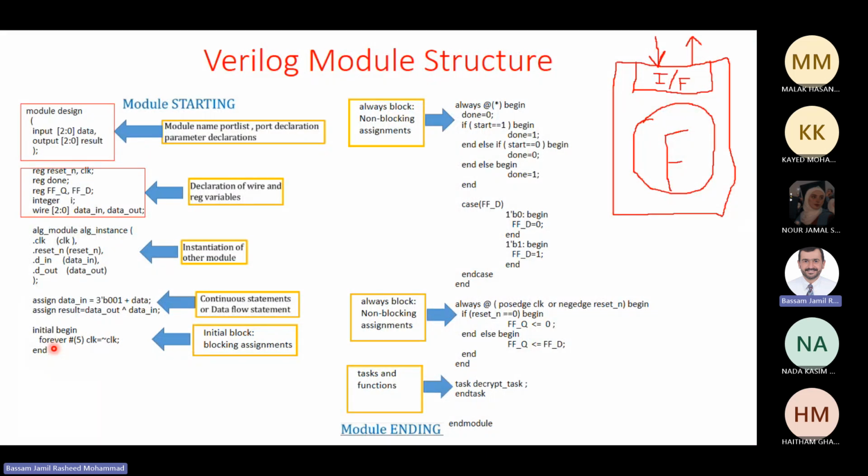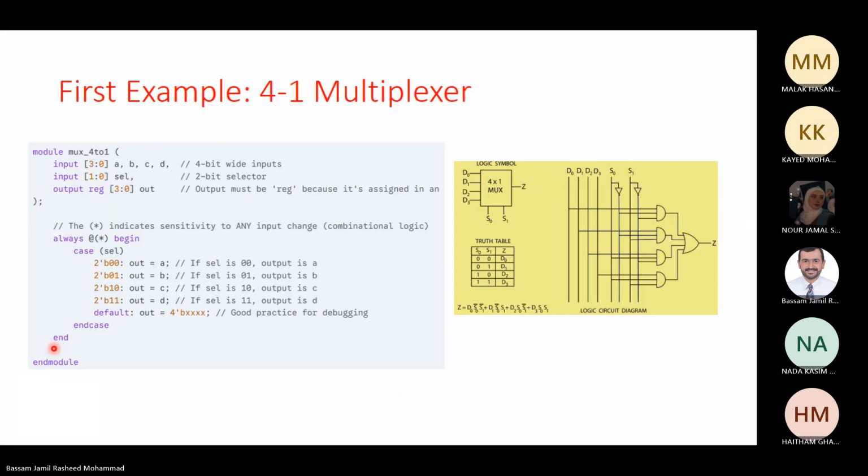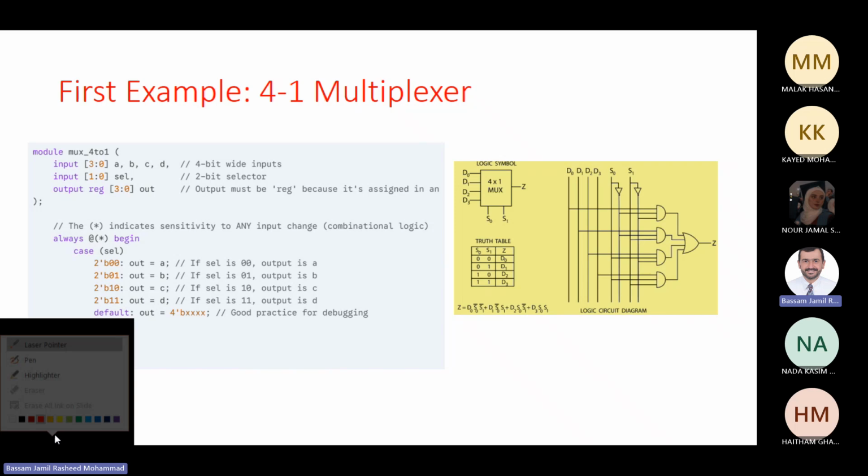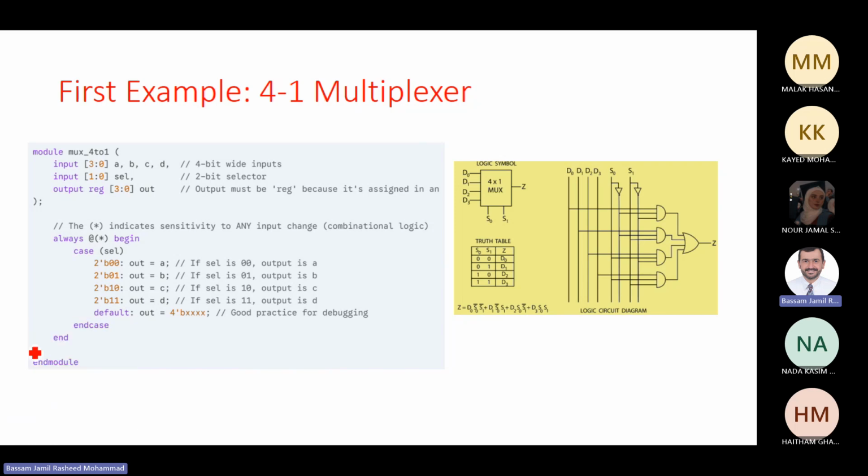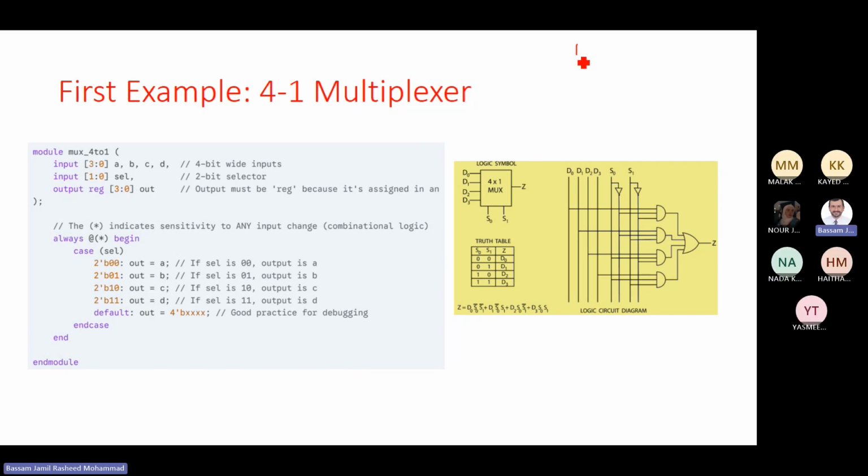With that introduction, let's take examples. I want to create a 4-to-1 multiplexer. Here is a quick review: what is a multiplexer? We have 4 data inputs, and using the select lines I can select which input goes to the output. It is as simple as that, and this is the circuit, from your digital class. What we want to do here is create our hardware, and this hardware will have this multiplexer.